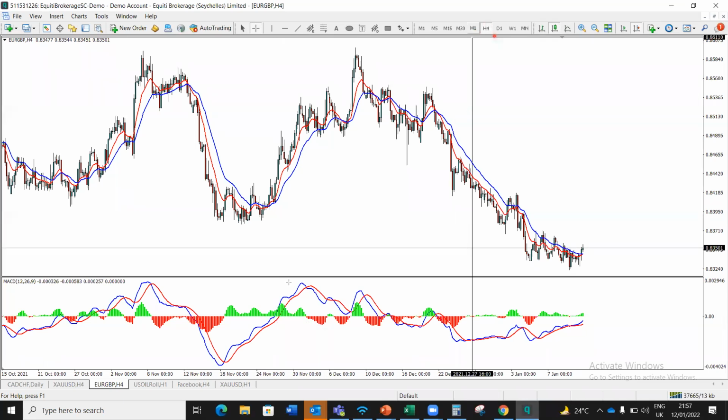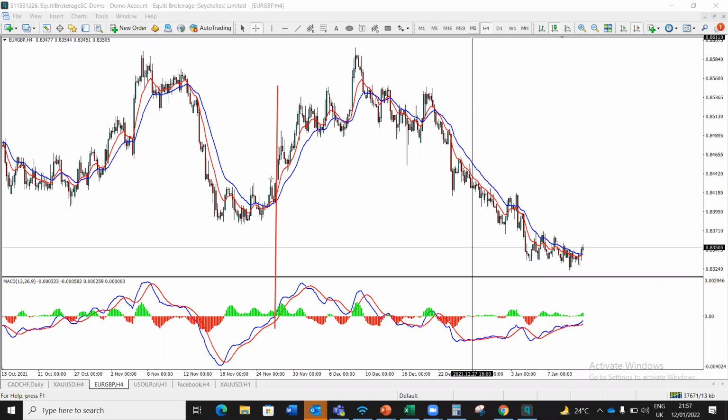Let's draw it here. Watch how when it moves above this zero line, or the center line, which is here, if we draw a straight line, right? What it simply means when it moves above the zero line is that there is a bullish sentiment, or a bullish dominance in the market.